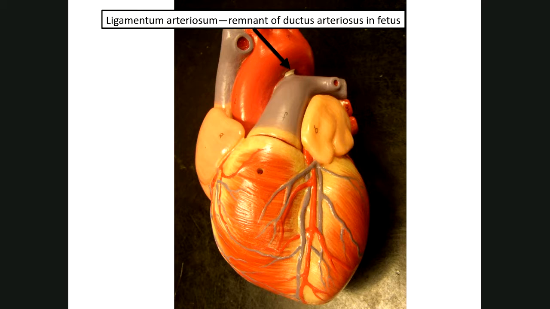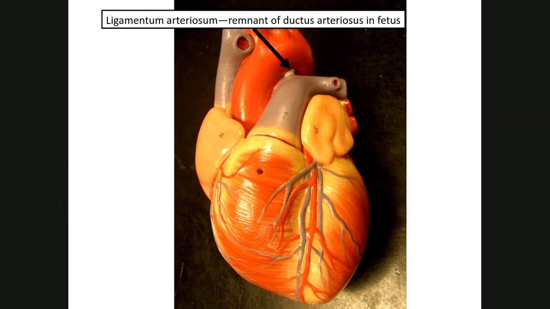Remember, there was also a vessel that connected the pulmonary trunk to the aorta. So blood could go this way. But when we take our first breath, this is going to close up as well. And what's going to happen is it's going to fill in with connective tissue. And so we can see it right there too. That's connective tissue where it filled in.